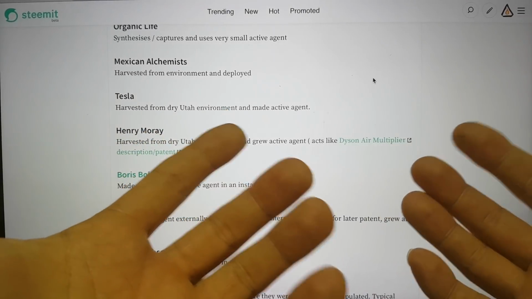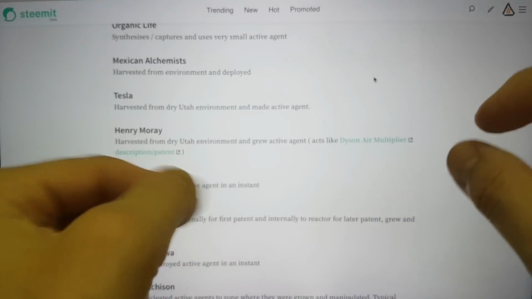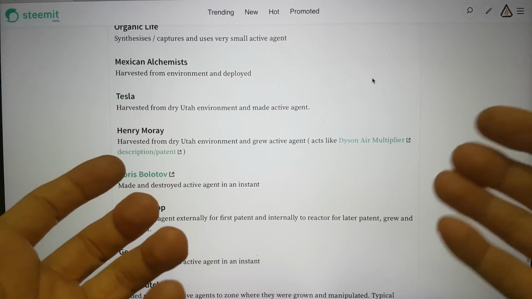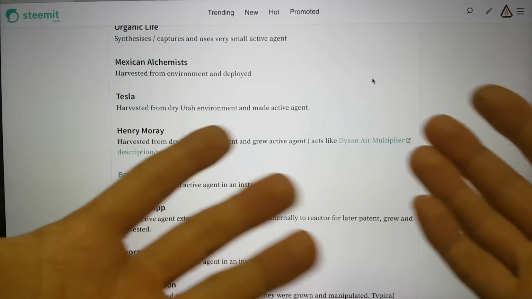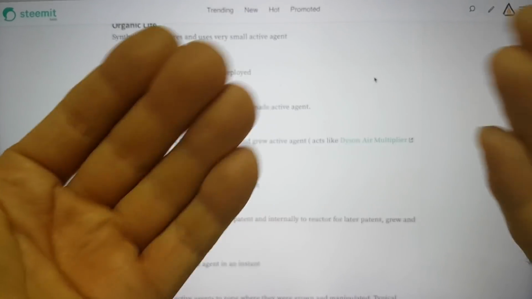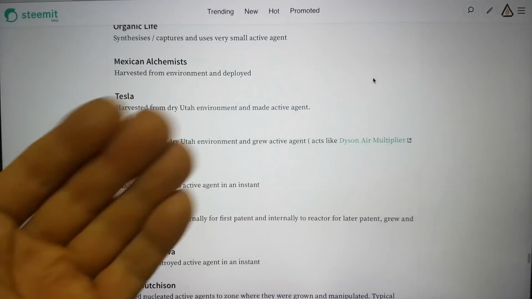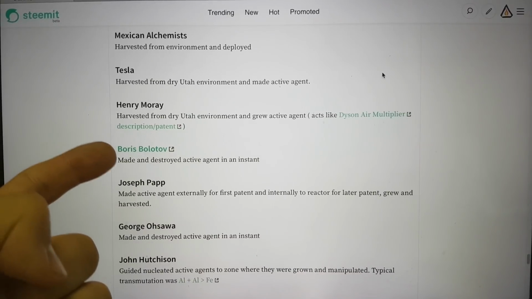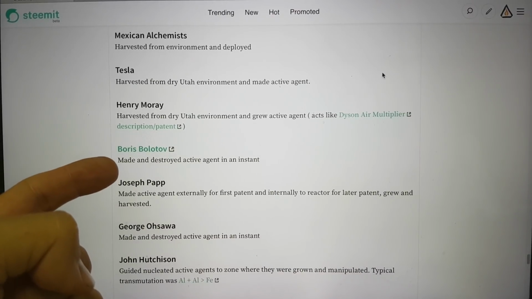And when I'm saying growing, I'm very specifically saying it's growing a little bit like the Dyson air multiplier. Like it's kind of like you feed it and it has a self-gaining process. Tesla talked about this. Boris Vasilyevich, he made and destroyed the active agent in an instant.